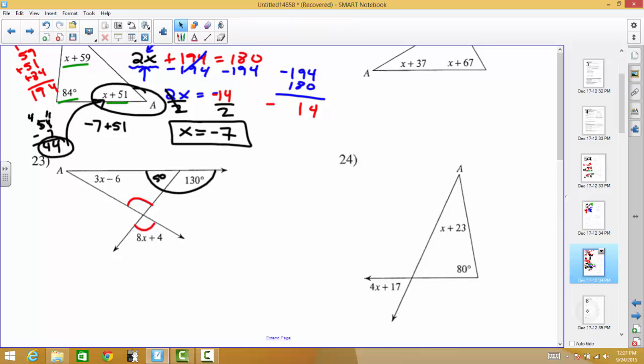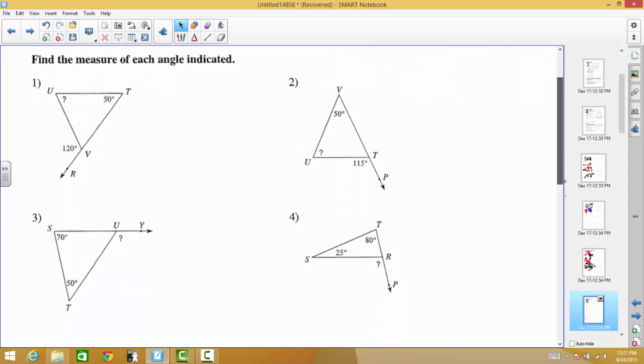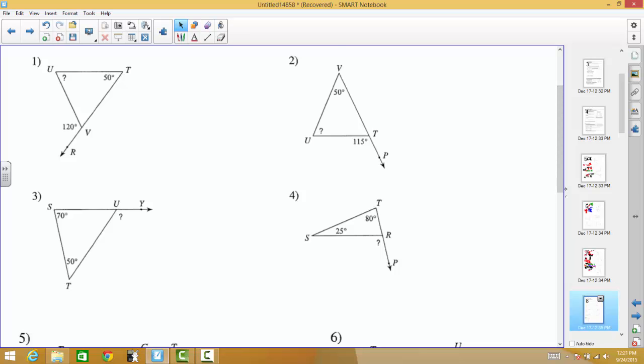Alrighty. Just a hint. So this is just going to add in exterior angles, and it's just the linear pair still. There's nothing really new here. These two angles add to give you 180. So if this is 120, 60 would be what's left there.